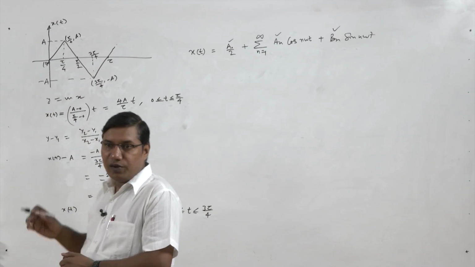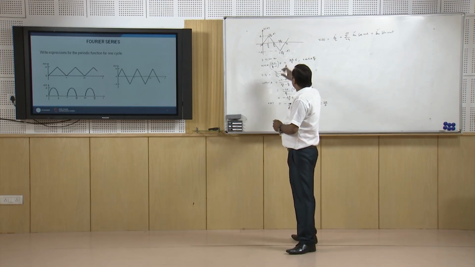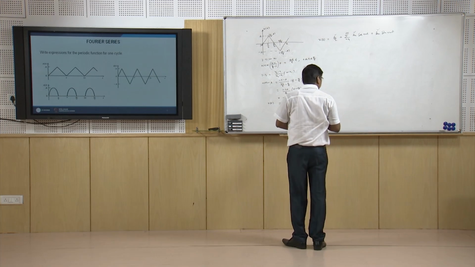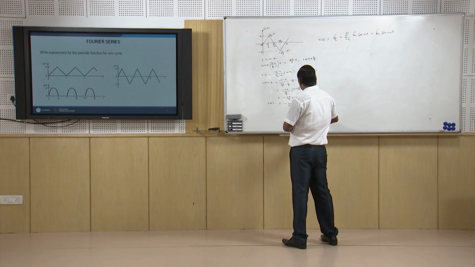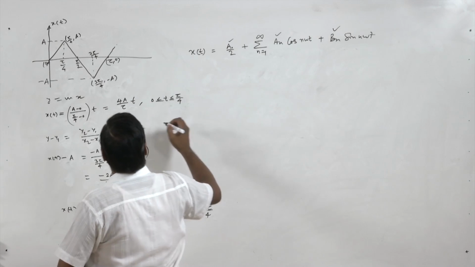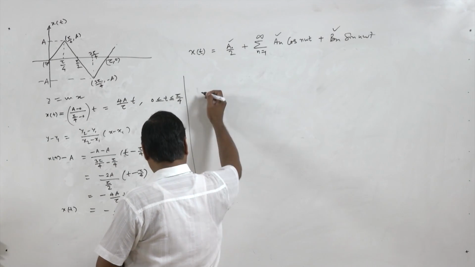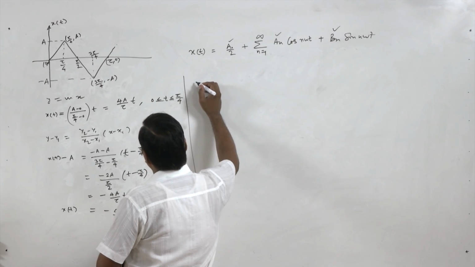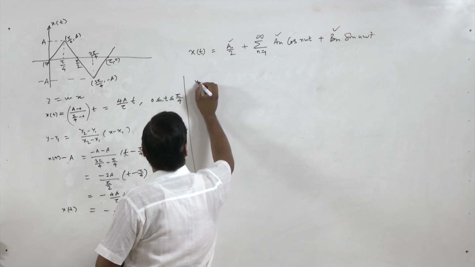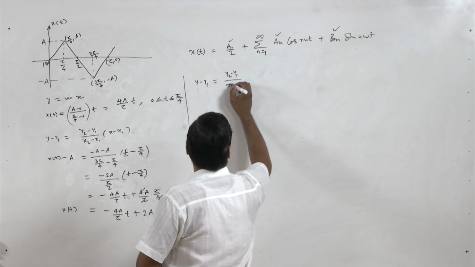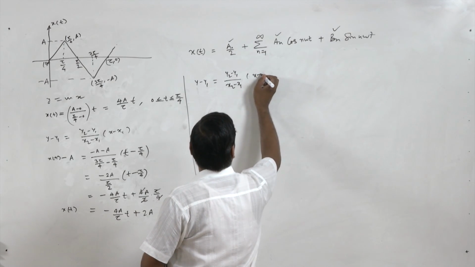Similarly, we can find the equation for this line. The equation for this line, because here it is tau and 0, we can similarly write: y minus y1 equals y2 minus y1 upon x2 minus x1 times x minus x1.